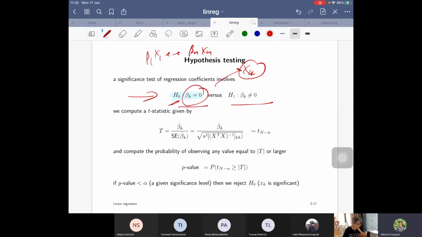Okay. The test statistic commonly used is the t statistic. Okay. So they compute beta hat divided by the standard deviation. And that is called the standard error in the context of linear regression.